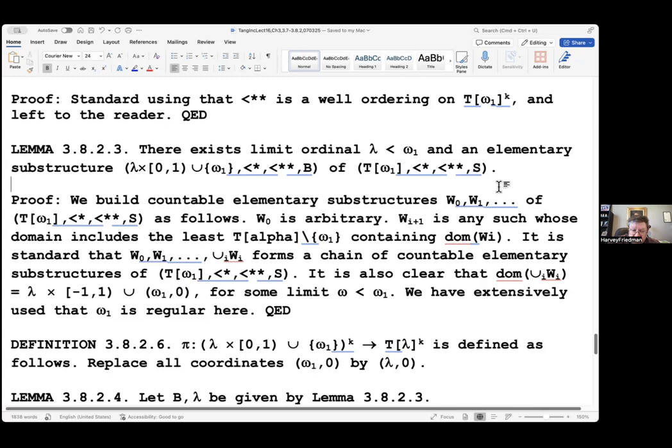The point is, at the end, you will have covered everything, and you take the union, and you get an elementary substructure because the union is closed under limits. This is a standard kind of construction.